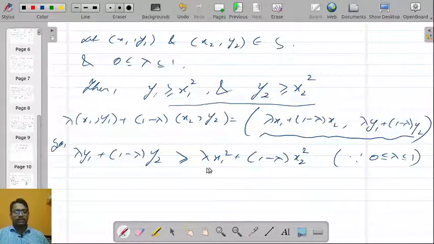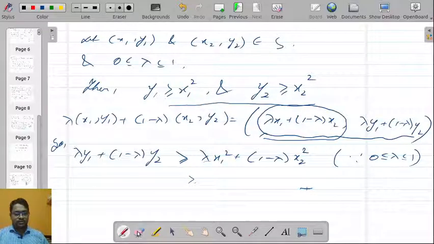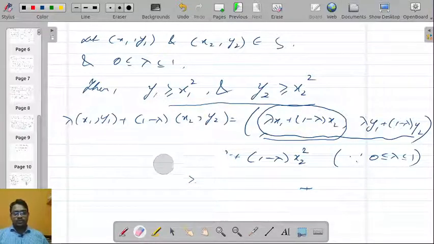Okay, let us try it the other way. I think the other way it's easier. Let us take the square of this and then try to show that this is less than or equal to λy1 + (1 − λ)y2. I think that will be easier, because from here we cannot proceed. I cannot write this is greater than or equal to this plus 2 into this, no? Okay. So let us do it in a different way.